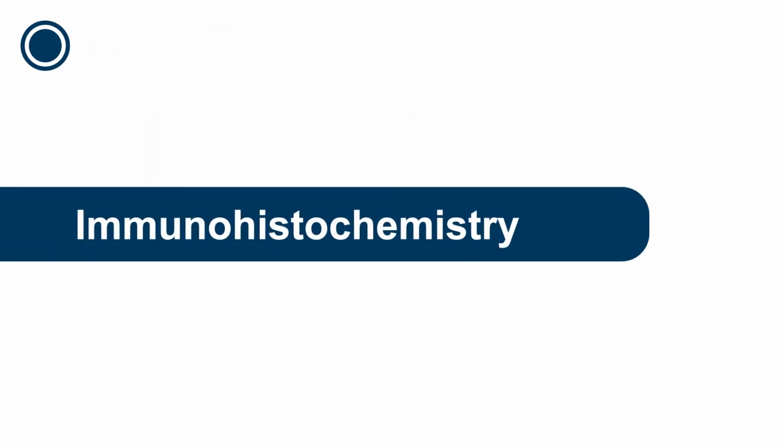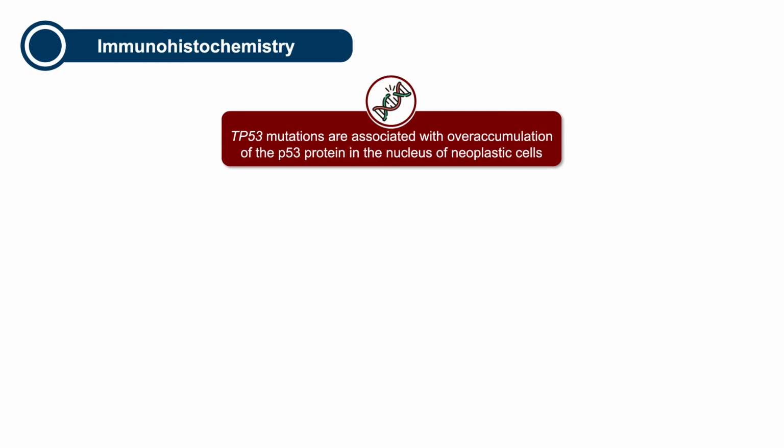Yet another way of determining P53 abnormalities is using immunohistochemistry. P53 mutations are very commonly associated with overaccumulation of the P53 protein in the nucleus of neoplastic cells. The reasons for this are many and complex, and we will not cover them here.